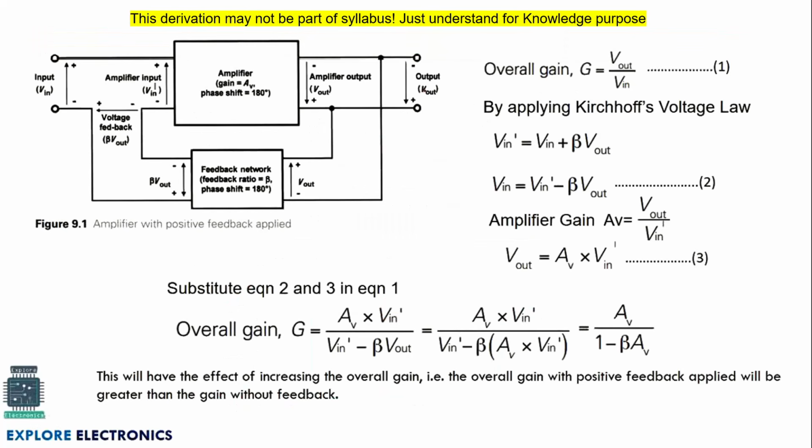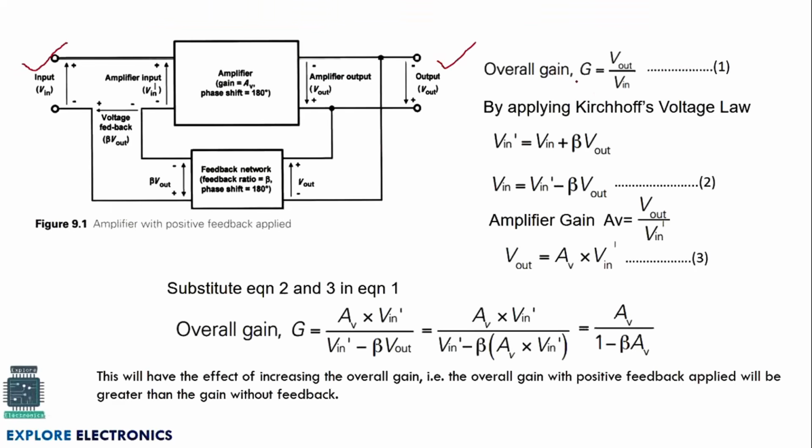The overall gain of this circuit is taken as V out divided by V in, represented as G. By applying KVL to the input side, it is V in dash. V in dash is the signal coming into the amplifier after the feedback network.